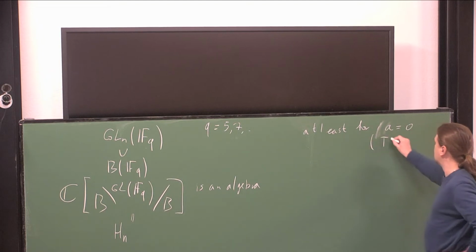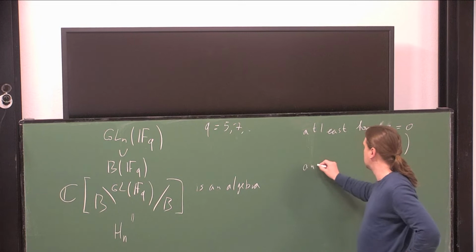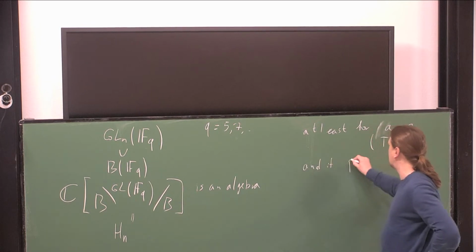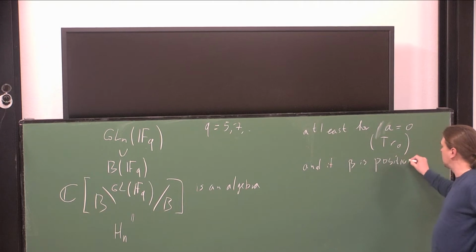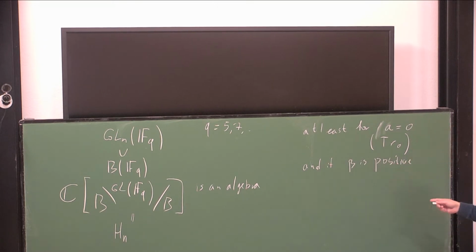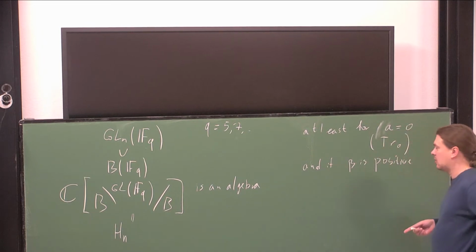So in the case of a equals 0, and if q is positive, only positive powers appear. You can interpret the Homfly polynomial as follows.